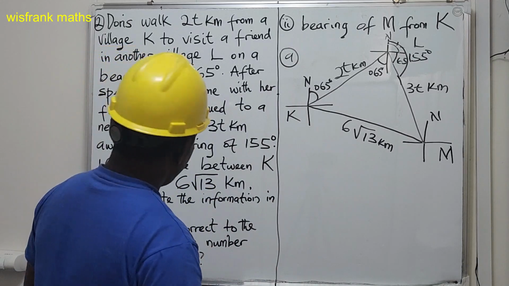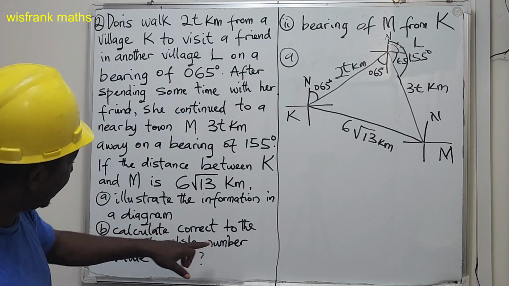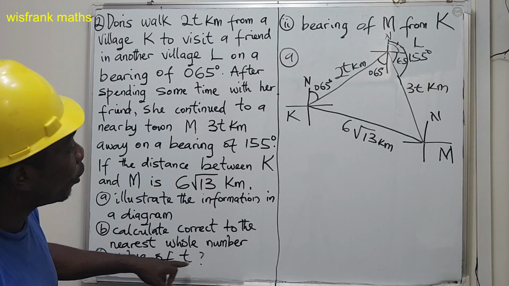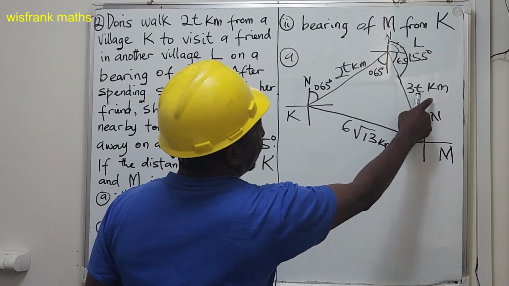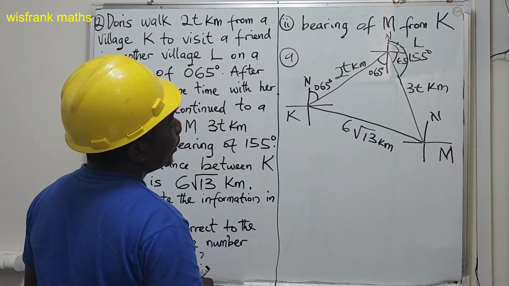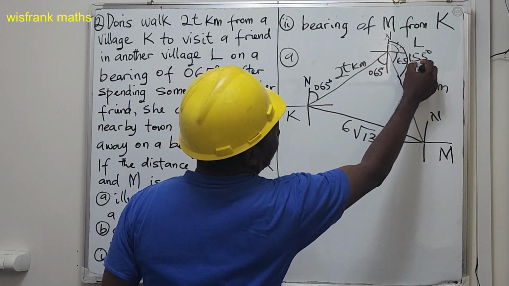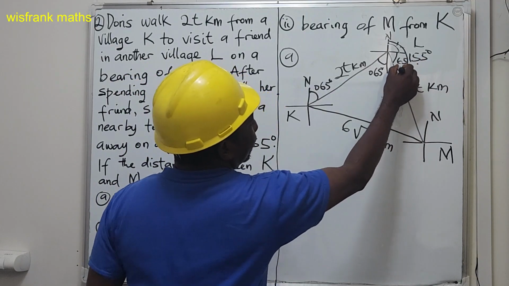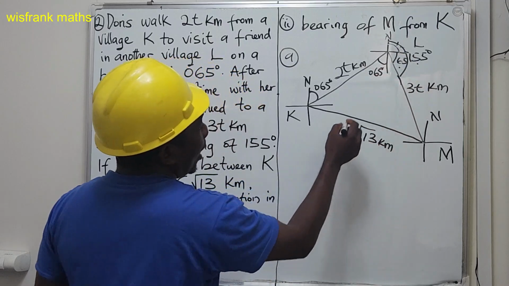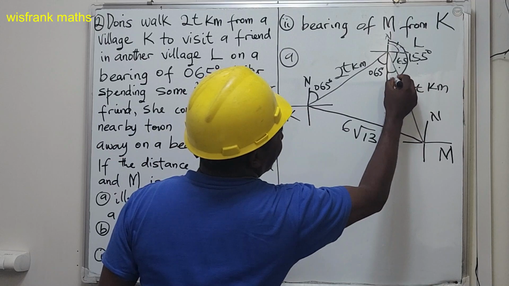So what we are going to do now, the B part says calculate correct to the nearest whole number the value of T. So we are going to look for the value of T here. We can see that here we have 155 and here we have 65 degrees, and the remaining one here is 25 degrees.